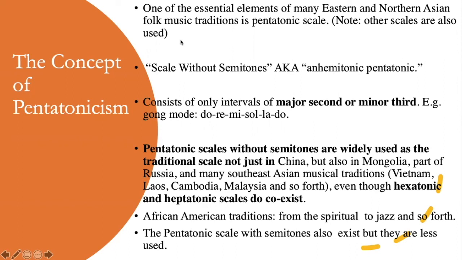Mostly, we have major second intervals. Mi, so is a minor third, and then la, do is also a minor third. Overall, pentatonic scales without semitones are more widely used than pentatonic scales with semitones. But importantly, both of them coexist in the world.